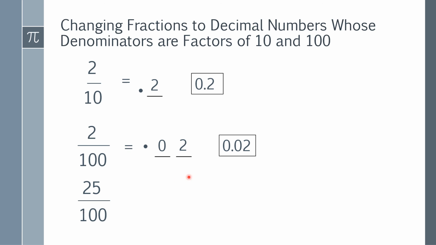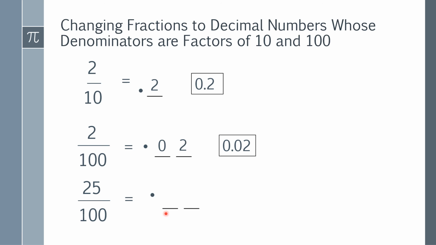Next, example number 3. So, we have 25 over 100. Once again, unahin ang decimal point and then look at the denominator. Since over 100 ito, ibig sabihin, kailangan natin ng 2 digits. Unlike dito kanina, kaya tayo naglagay ng 0 kasi 1 digit lang siya.